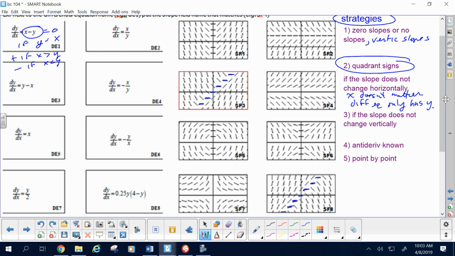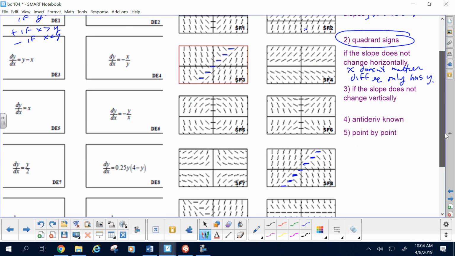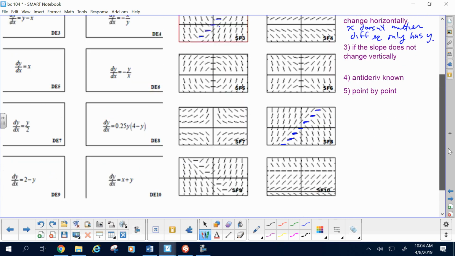That means to me that x does nothing to the slopes. The slopes do change vertically, which means the slopes depend on y. So for this one, I would look for a differential equation that has y only in it. So maybe this one or this one.